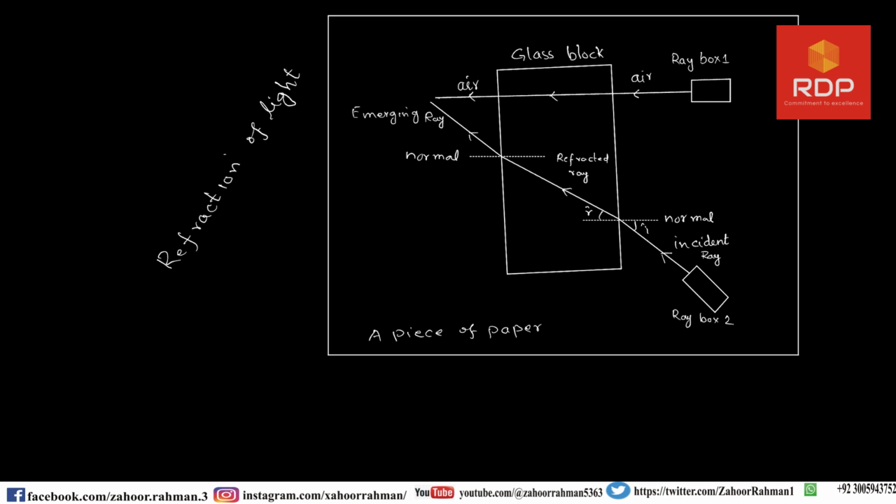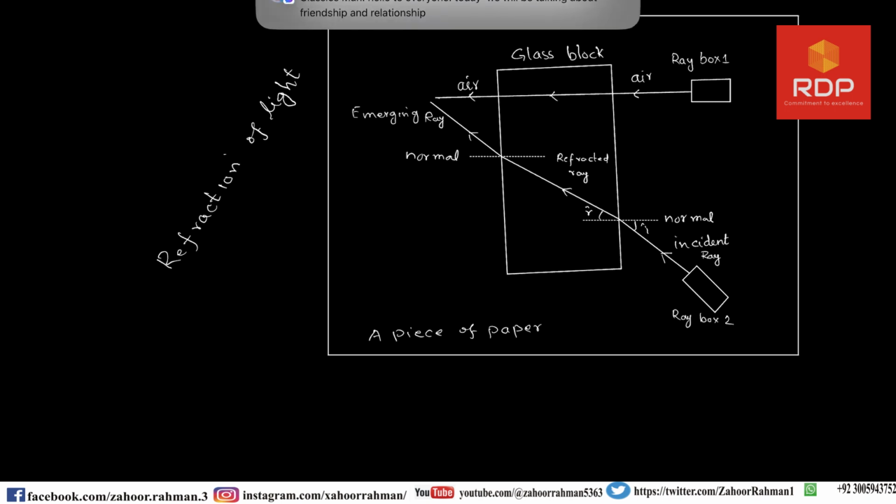When we direct light parallel to the normal of that glass slab, it will pass through the glass slab without any deviation. As you can see, from the ray box the incident ray is directed at an angle of incidence to the normal. So you can see that it is bent towards the normal in the case of R.